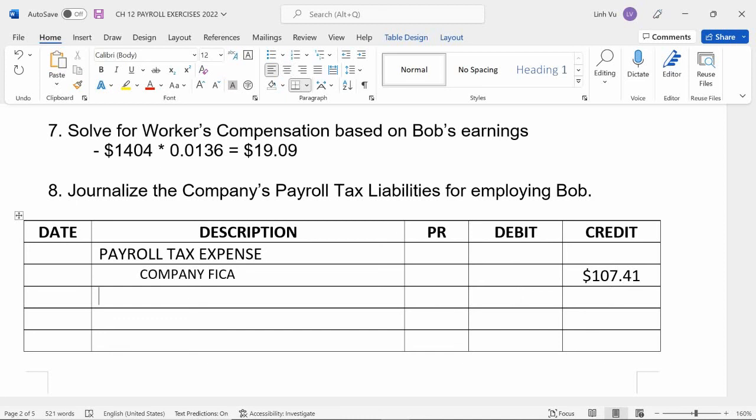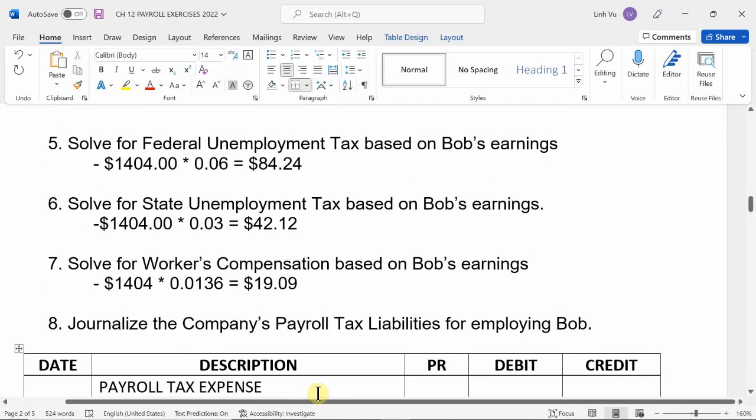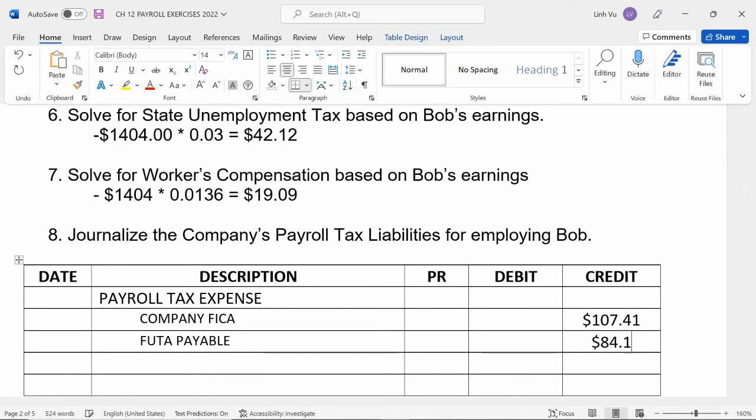Okay. We also have to pay into FUTA, which is, what is it, $84.24.